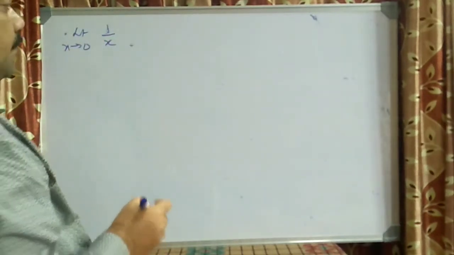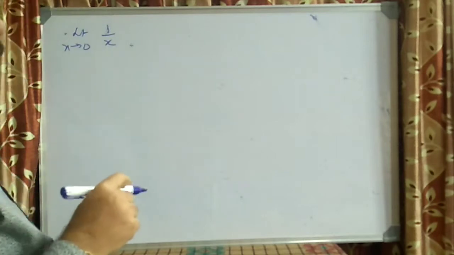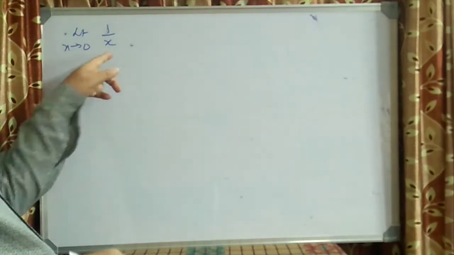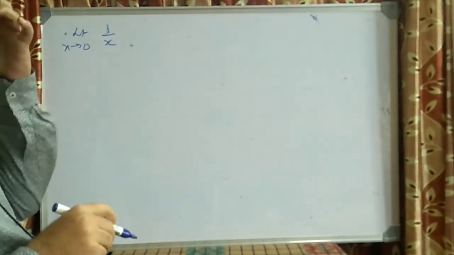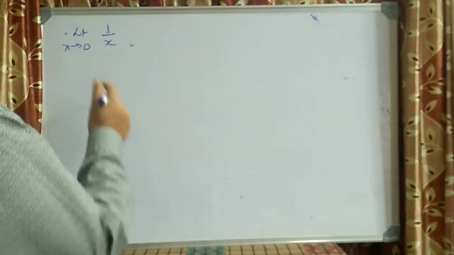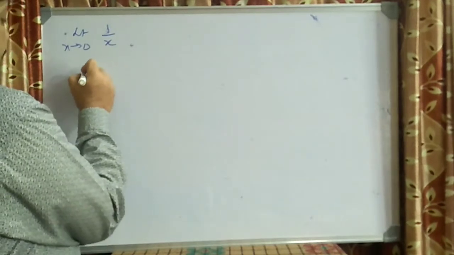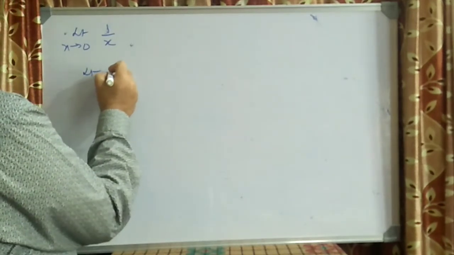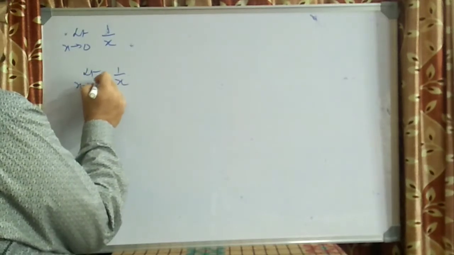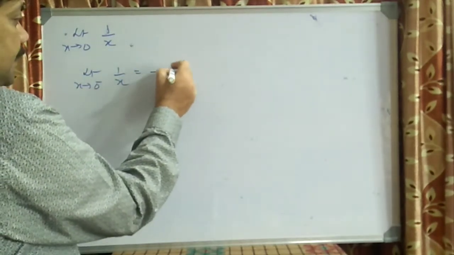Here also, if you observe, to the left hand side of 0, that is for the values which are less than 0, x is negative. So the outcome should be negative. For the values which are greater than 0, x is positive. So the outcome should be positive. So if I consider the left hand limit as well as right hand limit, limit 1 by x as x tends to 0 minus will be minus infinity.